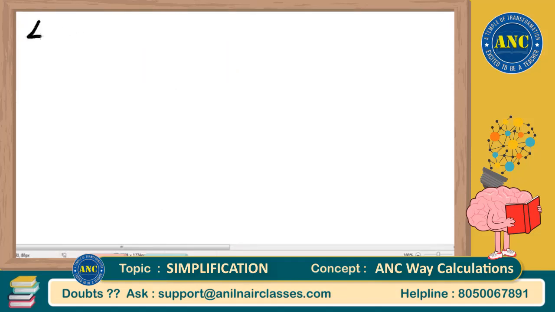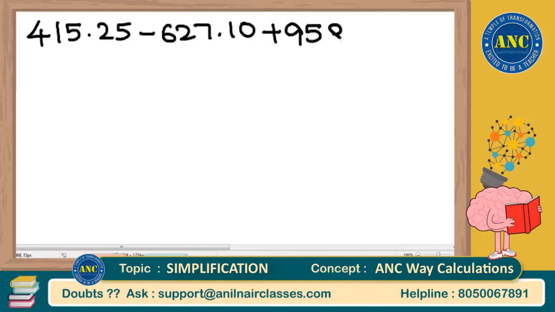See this question: 415.25 minus 627.10 plus 958.55 is equal to question mark. This is a very easy question, but if you start simplifying the way it is, you will find it very difficult.